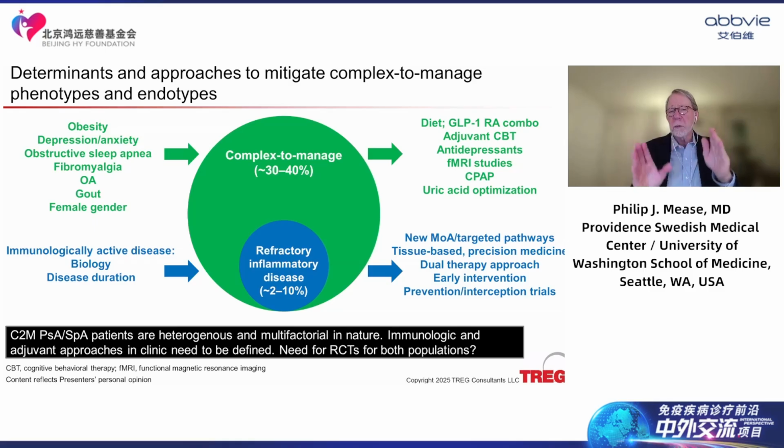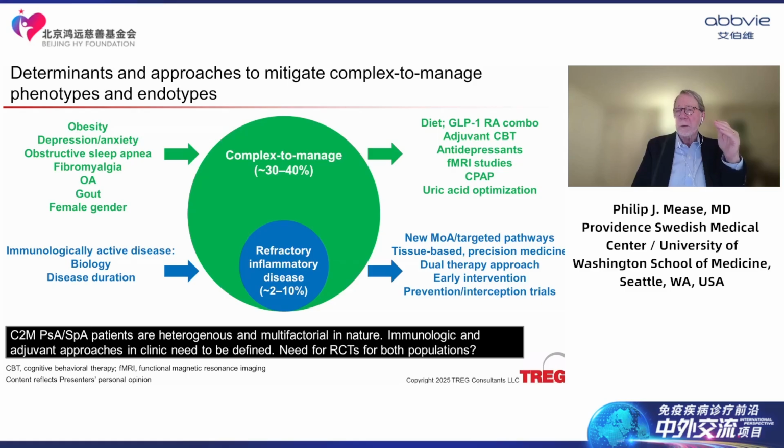Then there's this larger green circle, which is so-called complex to manage. These are patients that may have truly refractory disease, thus it's overlapping with the refractory group. They may have swollen joints and so forth.